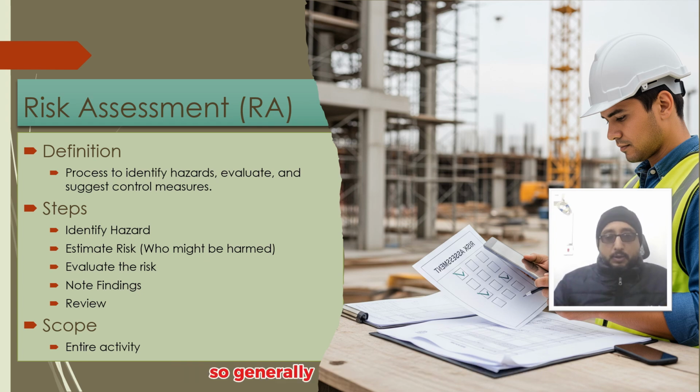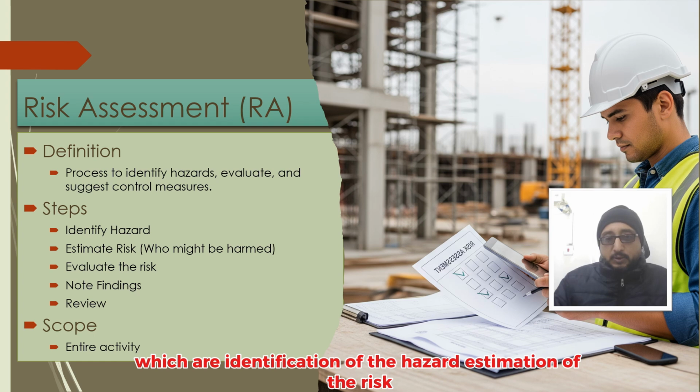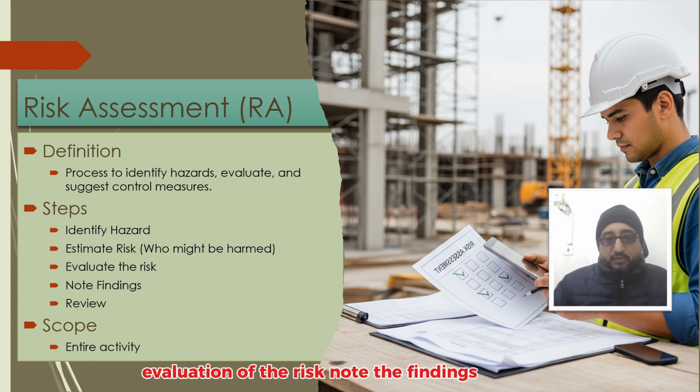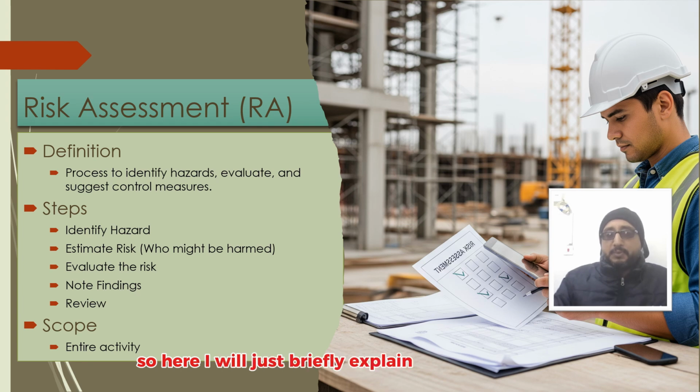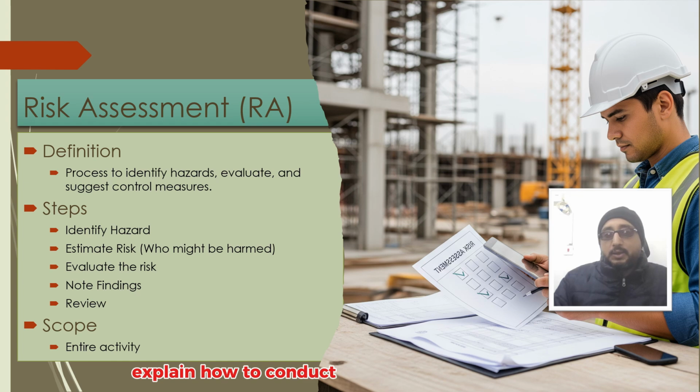Generally, in the risk assessment, there are 5 generally accepted steps: identification of the hazard, estimation of the risk, evaluation of the risk, noting the findings, and review. I will explain how to conduct a risk assessment practically in more detail in my next video.